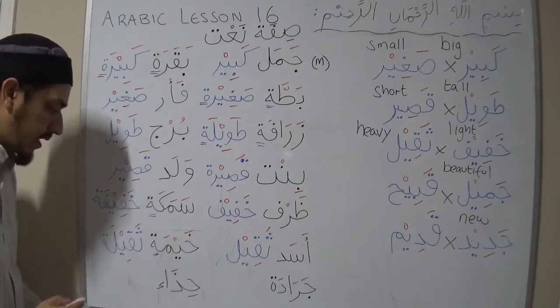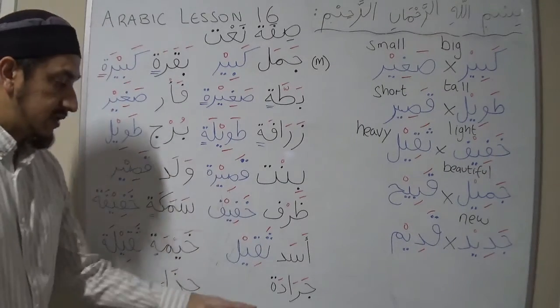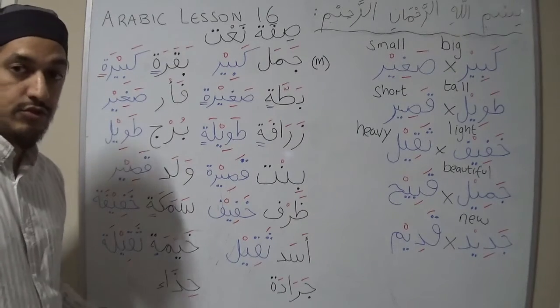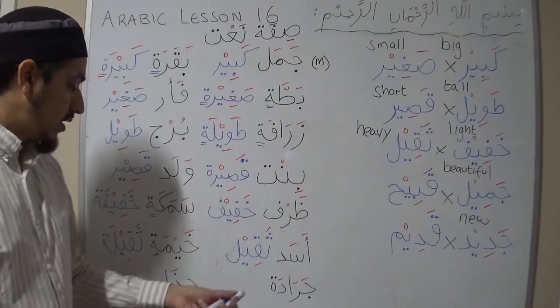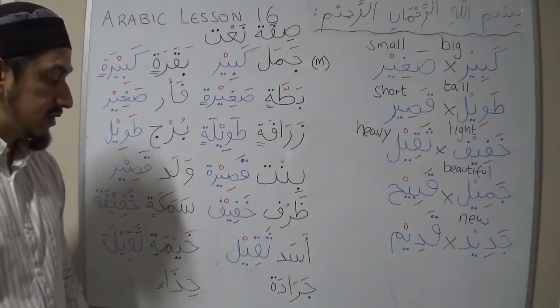And finally we have jarada and hida, hida being shoe or sandal, and jarada, which is a grasshopper.